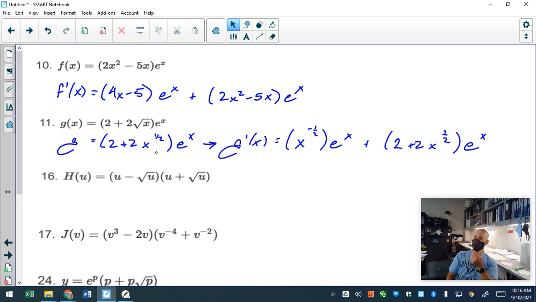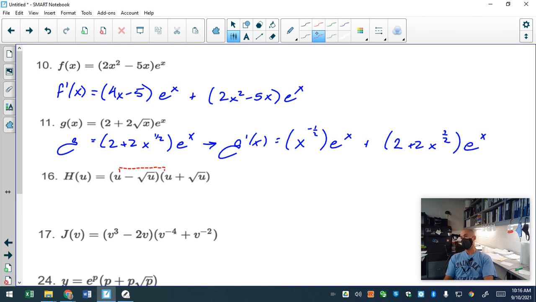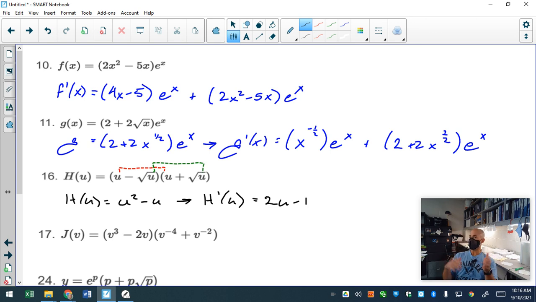So because of that, I can distribute or expand this, and it cleans up very nicely. If you recognize that these are indeed conjugates, then all I have to do is u times u and square root u times square root u. And this function, h of u, cleans up to u squared minus u, and now I have a very easy derivative. I'm not going to do product rule on this one. I'm going to distribute first and then take the derivative.